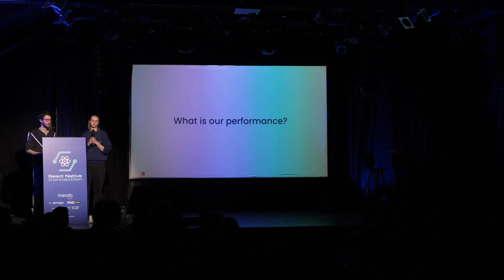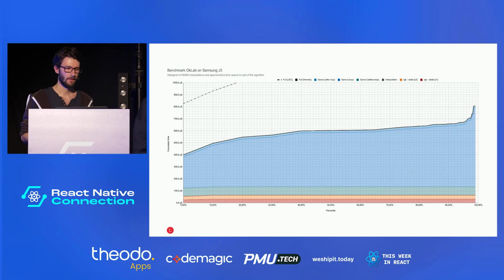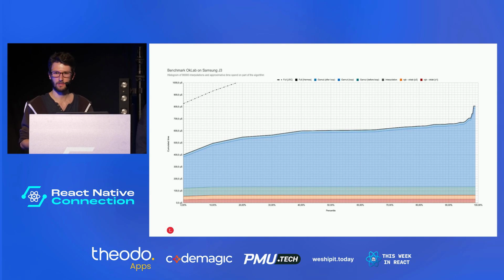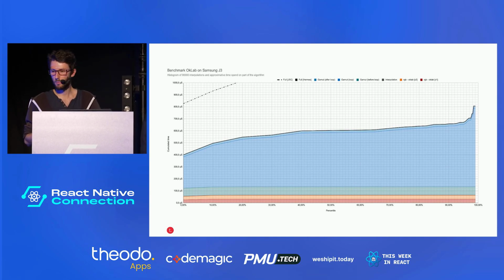So to know if it's performant, we ran a benchmark on a Samsung J3. A Samsung J3 is the worst device you can have. It's a low-end device from 2017, and just opening Google Chrome takes about 10 seconds. So users are used to having a laggy experience with that.